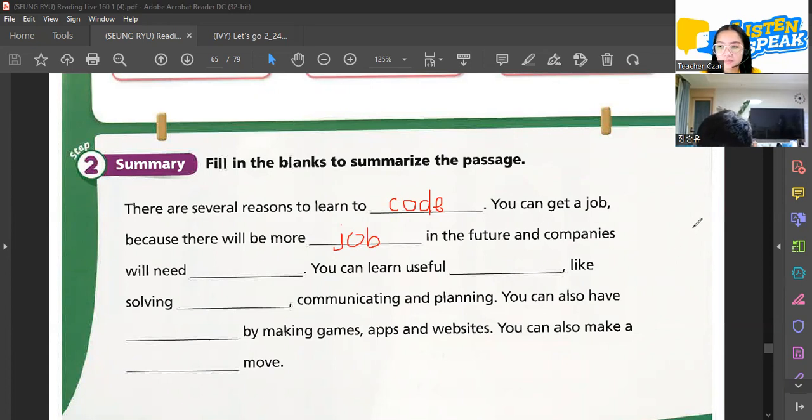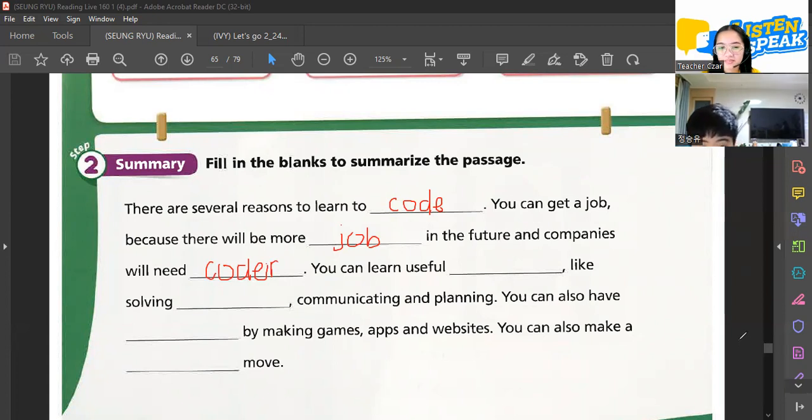In the future, companies will need blank. Computer. The answer is those people who know how to code. So what do we call them? Coding. Code, not coding. The last letter. Coder. They are coders. Very good.